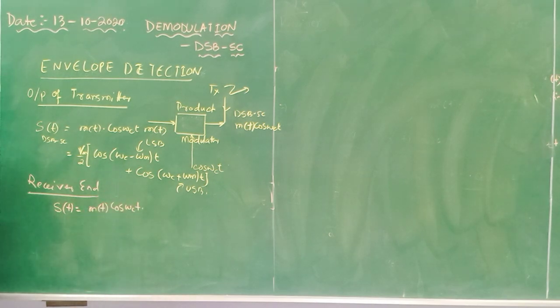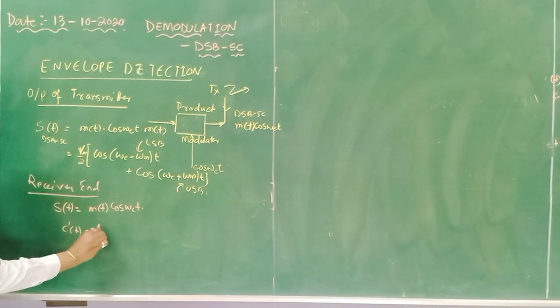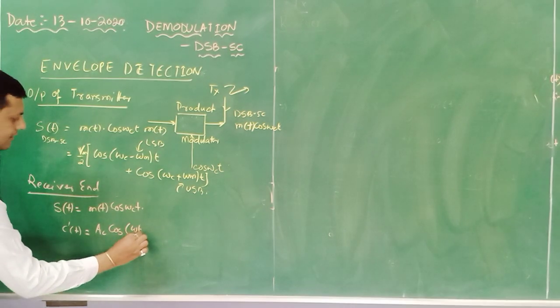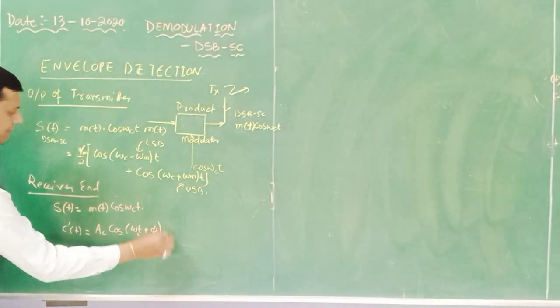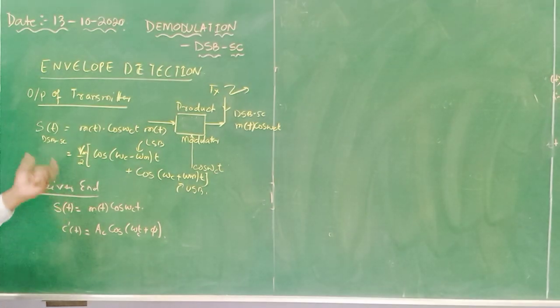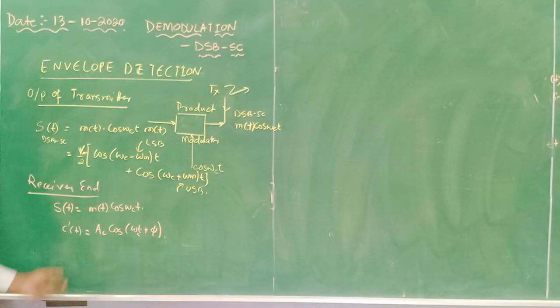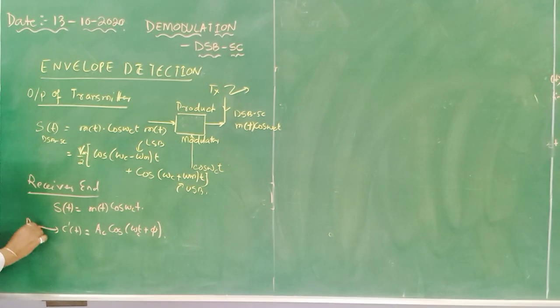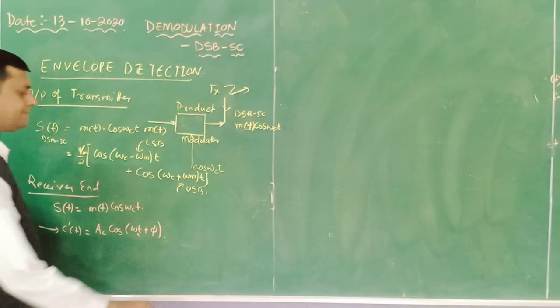To this received signal, we are going to add c dash of t, Ac cos of omega ct plus phi, with some phase discrepancy. This is the carrier at the receiver end.